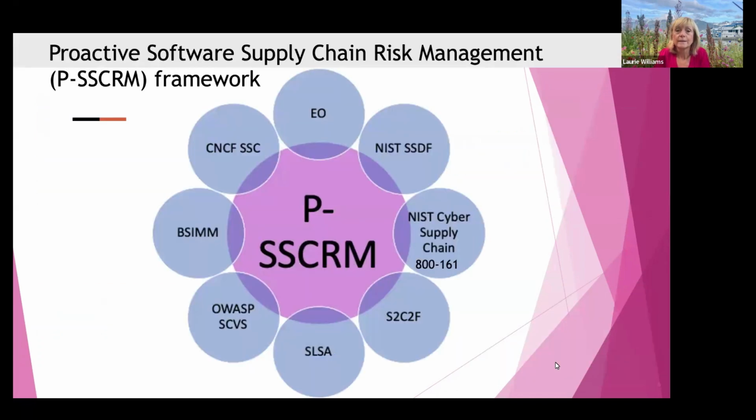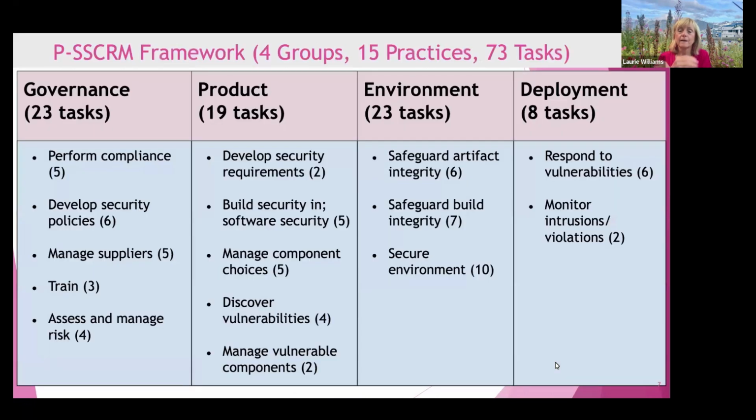And so in this question of what is everyone doing that I was tasked with by Synopsys, I did a union of all of those different frameworks that I just talked about and created P-SSCRM from them. As I did the union of all of them, it turned out to be 73 tasks, since each of these frameworks has a different vocabulary.